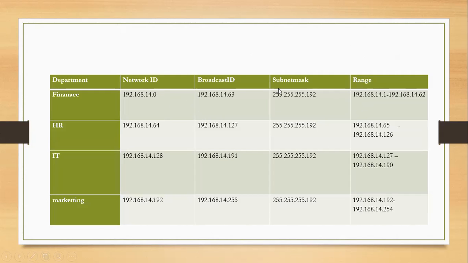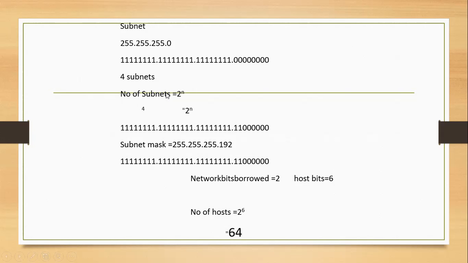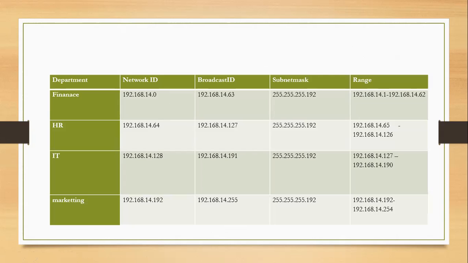The first line is already given, but we can consider it with the information we have taken here. There are 64 hosts. First, we can fill these 2 columns. 192.168.14.0.